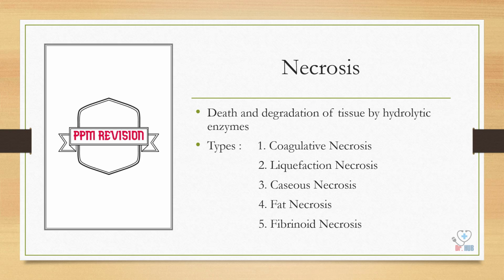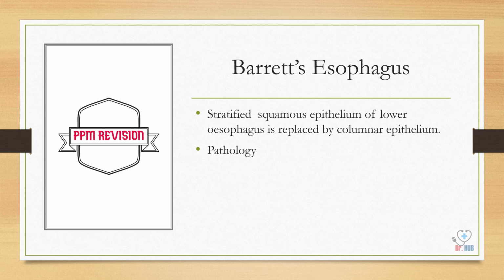Moving ahead, we'll be looking at the second topic, that is Barrett's esophagus. Barrett's esophagus is nothing but, after reflux esophagitis, the stratified squamous epithelium of the lower esophagus gets changed or replaced by columnar epithelium, and this condition is Barrett's esophagus.